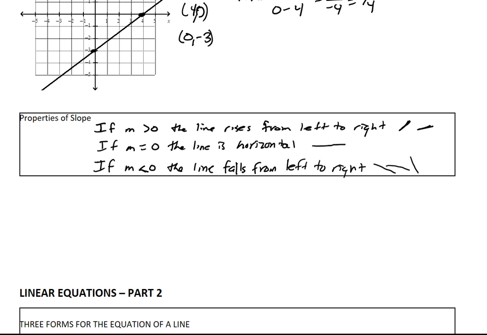All of those things are okay. A vertical line, one that goes straight up and down, has undefined slope.